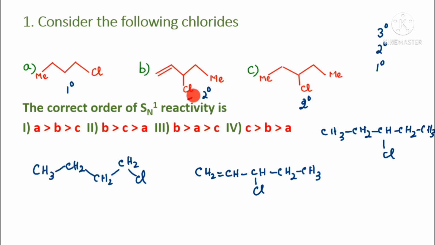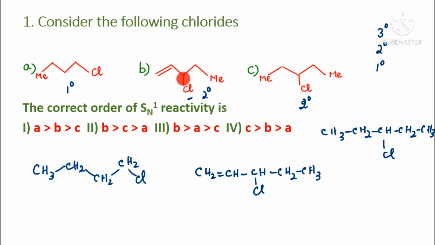So we should give preference to the secondary allylic carbocation. Since its stability is more than that of the secondary carbocation and then the primary carbocation, this is the answer.